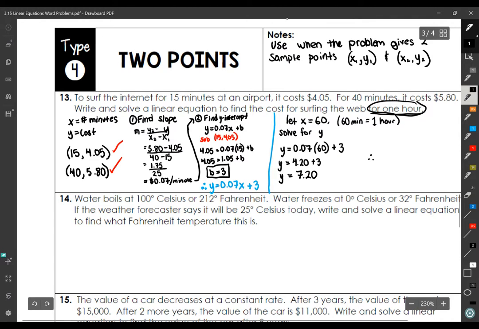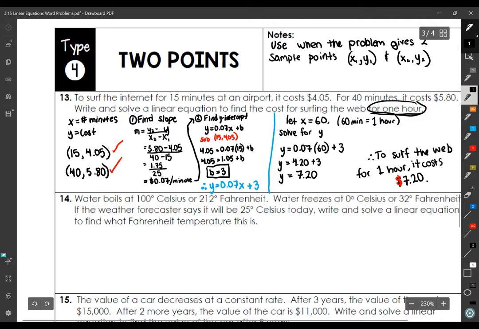Therefore, to surf the web for 1 hour, it costs $7.20. Remember, put the unit in your concluding statement.